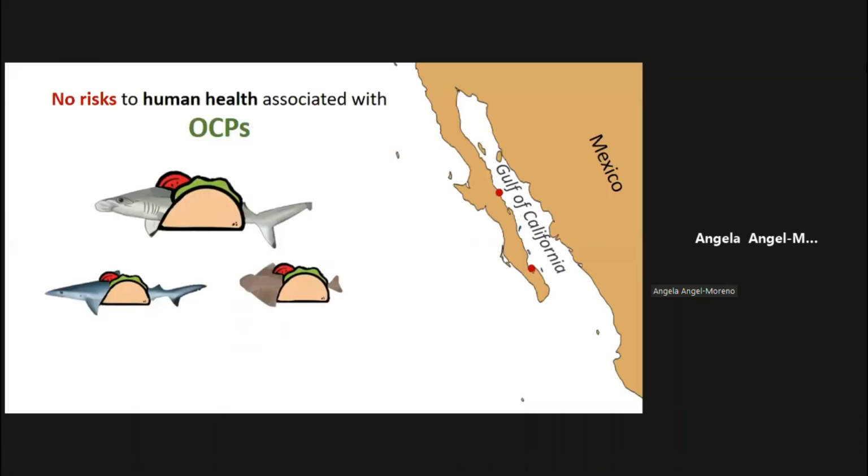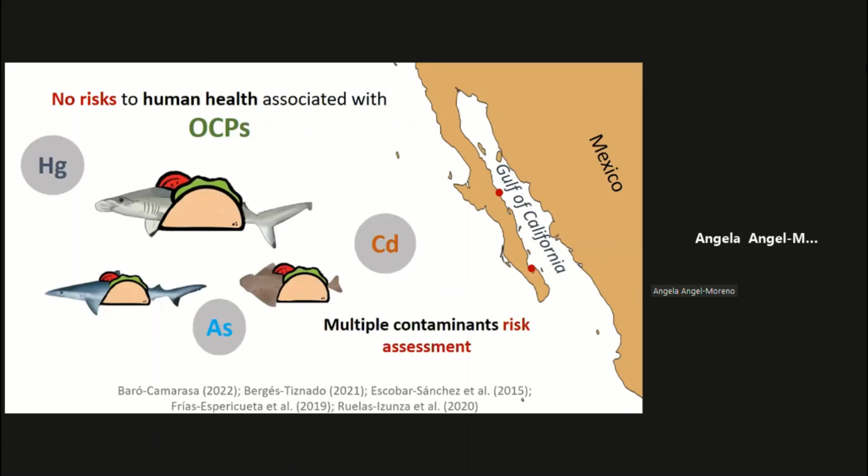Therefore, the consumption of these sharks caught in the study area does not imply risks to human health associated with organochlorine pesticides. However, since all three species are also exposed to other toxic pollutants in the Gulf of California, the evaluation of human health risk posed by multiple contaminants associated with consumption of these species will be advisable.